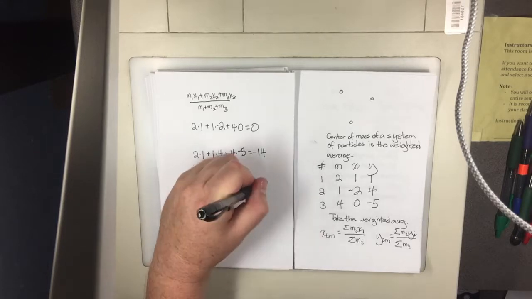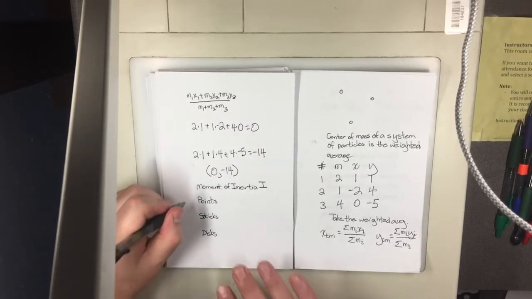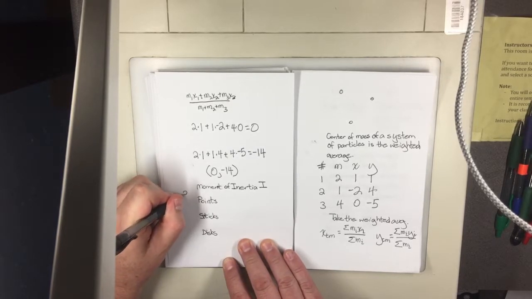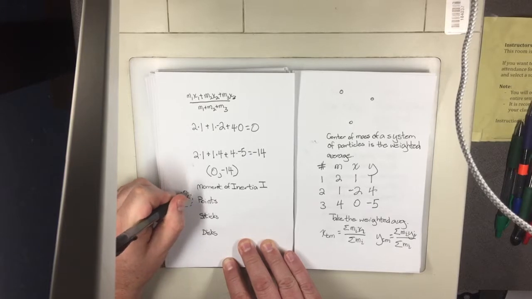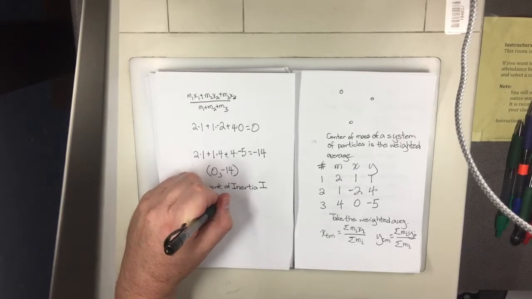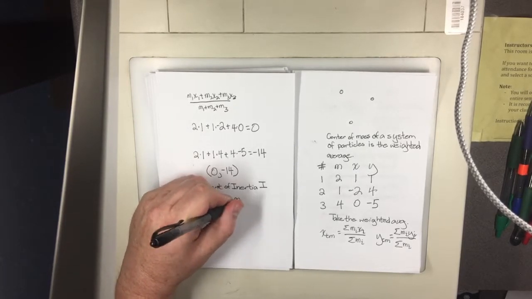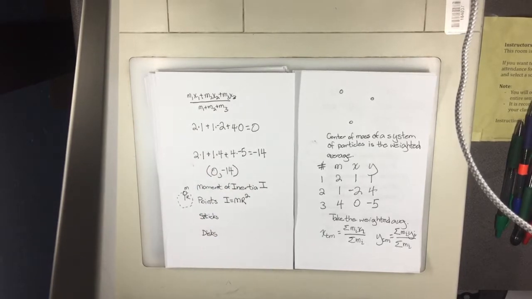So the moment of inertia of these things, for a point, we have a mass at a given radius r, and it's rotating around a particular point. That particular moment of inertia, I, is mr squared, where m is the mass of the point and r is the distance from the rotation point out to the mass, and then it's rotating around.